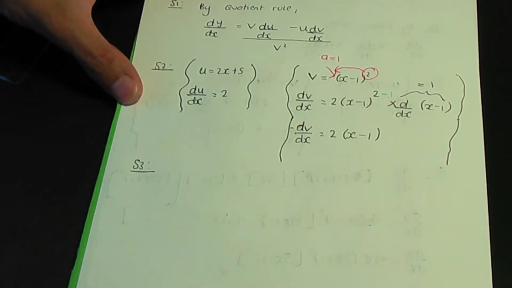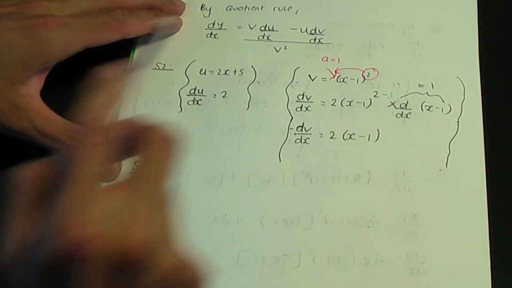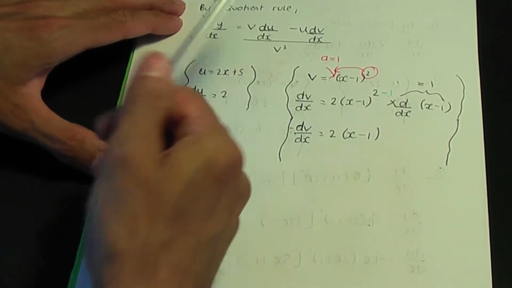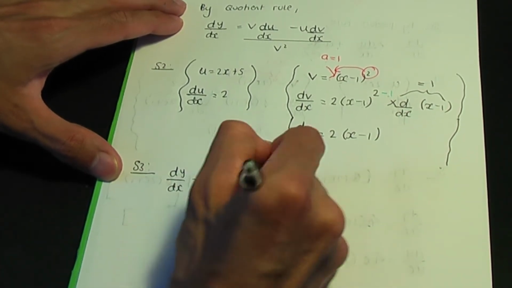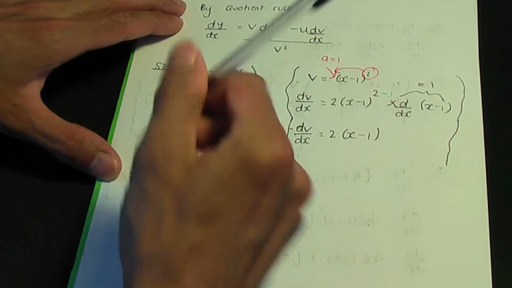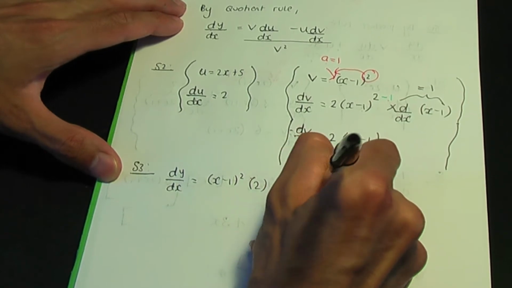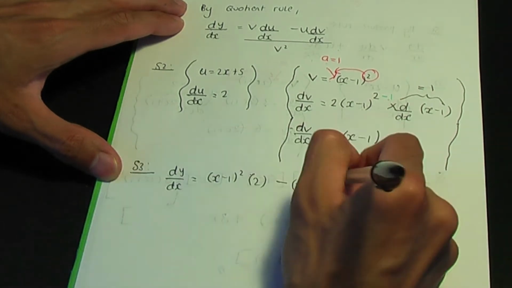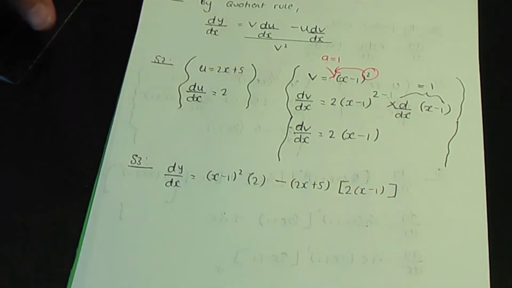Let's go to the final step, step 3. So in step 3, let me replace this data in our quotient rule. So dy over dx, that is v, so v in this case is x minus 1 squared, multiplied by du over dx, that is 2, minus, so a minus, u, which is 2x plus 5, times dv over dx, and that being, so let me use a square bracket here, 2 into x minus 1, divided by v squared.